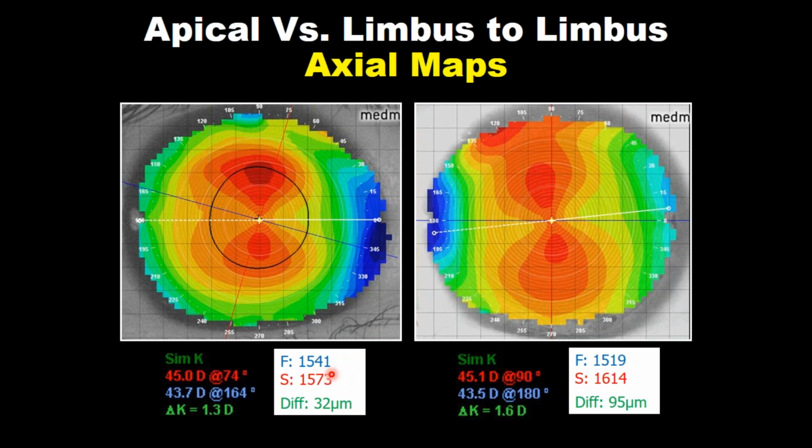When your differential between the flat and the steep is under 40 microns, that's typically where a symmetric lens will work. When you have more than 40 to 50 microns of difference between the depth of the eye along the flat and the depth of the eye along the steep, when you're in that greater than 40 micron range, that's where you may want to consider the CRT dual axis.